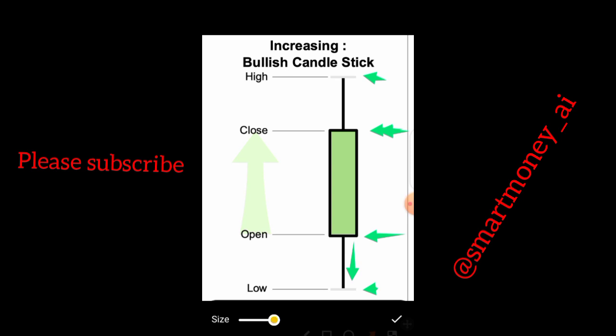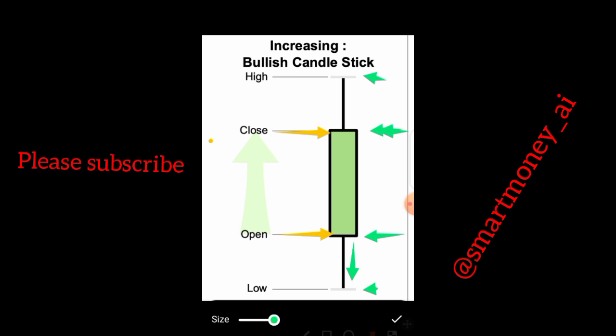From the open to the close is called the body of the candle, right? The body of the candle. As a trader or anyone aspiring to be a trader in the financial market, you have to know these things. If it wasn't important, I wouldn't have wasted my time to teach you. So kindly take it seriously.